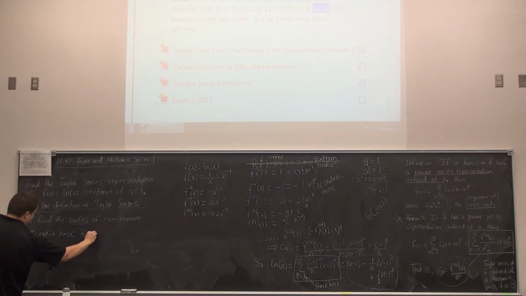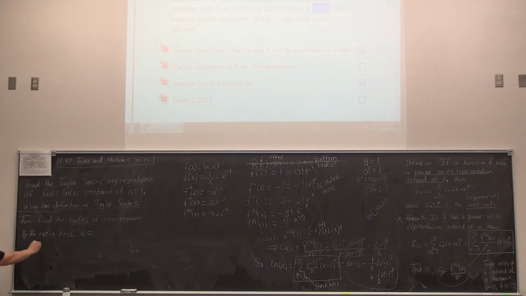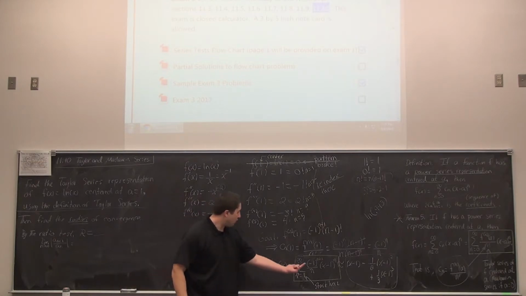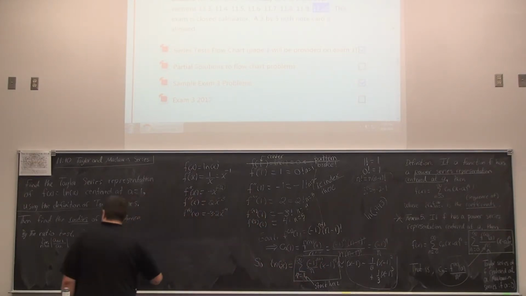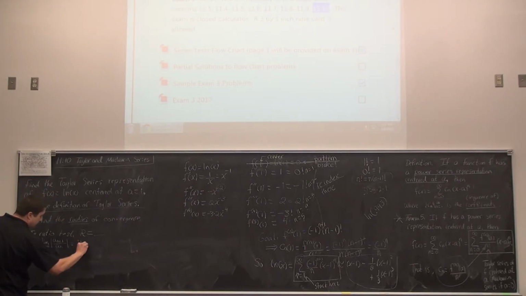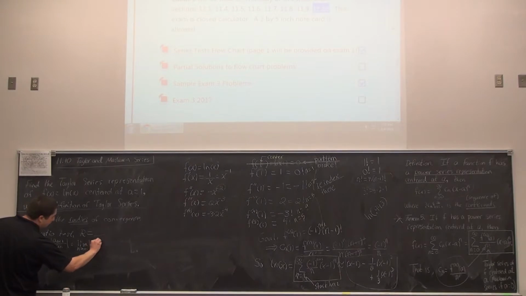r is going to be equal to, and let's fill that in once we complete this. The work below is that we have to take the limit as n goes off to infinity of the n plus 1 term divided by the nth term, which we call a sub n. But a sub n is exactly all of this inside this series. So at the n plus 1th term, we would get that this is the limit as n goes to infinity of the absolute value of negative 1 to the power of n plus 2.